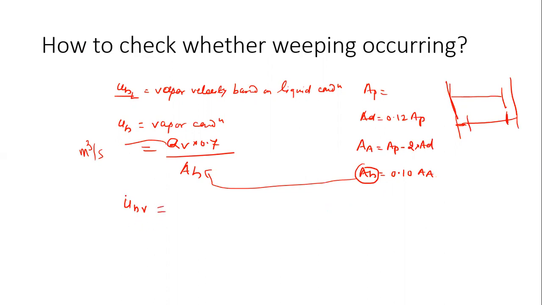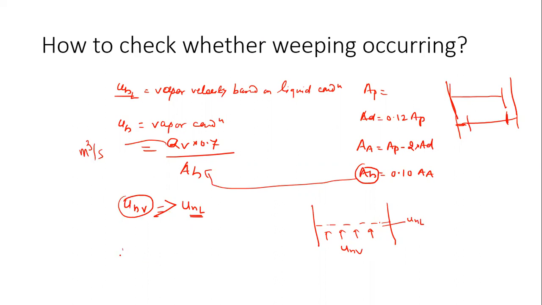So now this UHV, if it is more than UHL based on liquid flow rate, then this is a case where this vapor flow rate is higher than the flow rate of vapor which causes weeping, UHL.